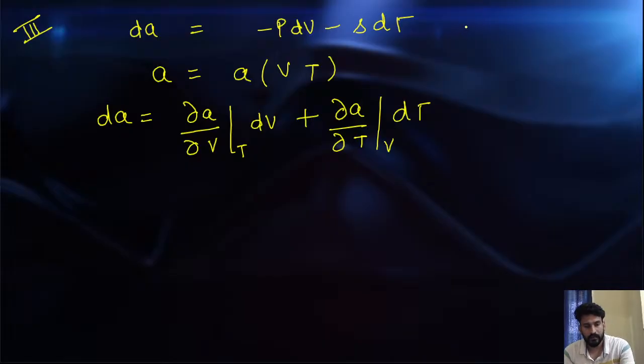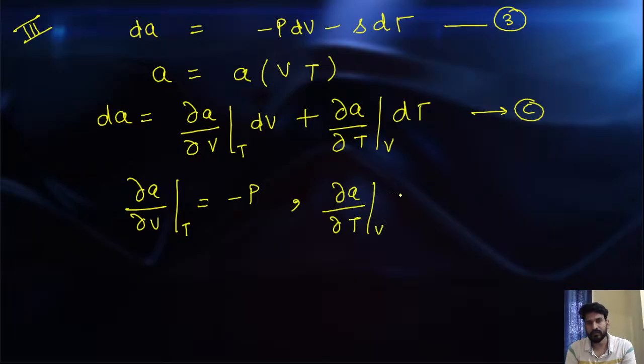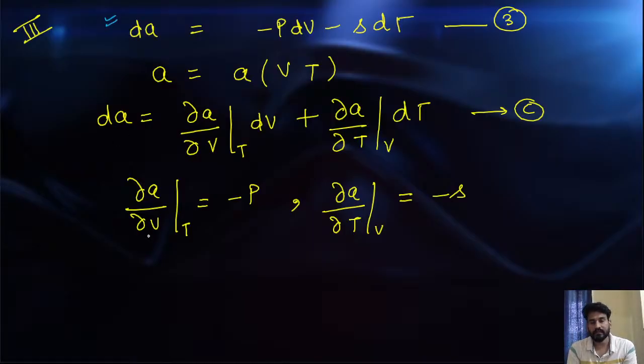This is my equation number 3, equation C. By comparison, I can write that del A over del V keeping temperature constant is minus P, and del A over del T keeping volume constant is minus S. My third Maxwell relation, for this A, is del P over del T keeping volume constant is equal to del S over del V keeping temperature constant.